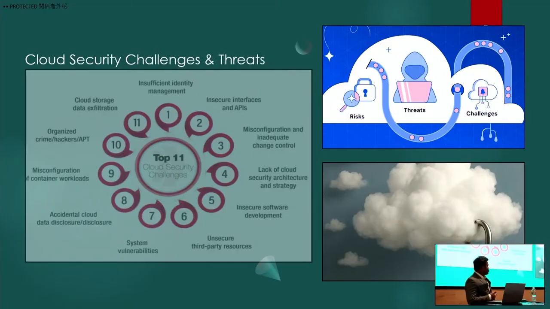If you don't have a proper API, or you lack a cloud security architecture, or you give exposure to third-party resources and don't scrutinize all the areas where the cloud could be entered, accidental data exposures would definitely happen. So we need to look at all the areas. It's huge.